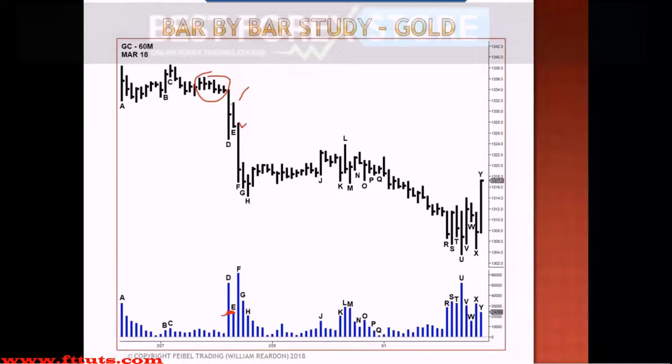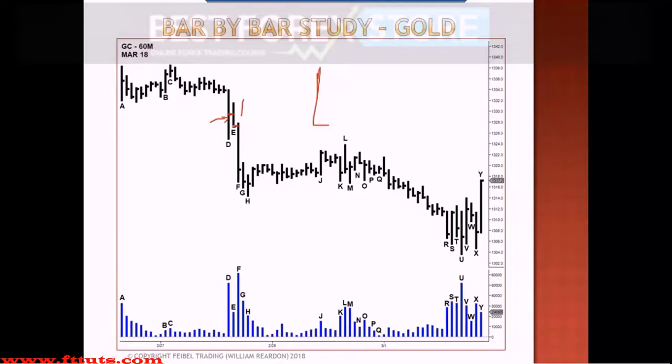But think about the action of this bar for a minute. So from the close, buyers come in, they try to rally it as they pass this close. Buyers cannot sustain the buy-in, and then sellers come in and they push it down to close weak under the previous close. So we close here.